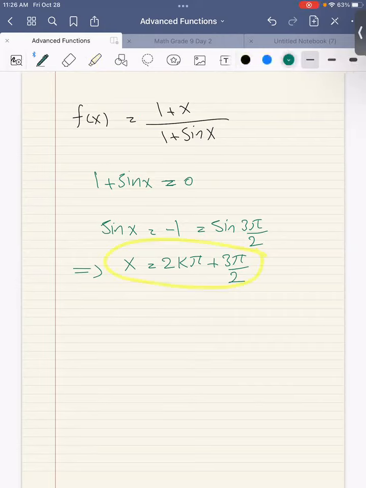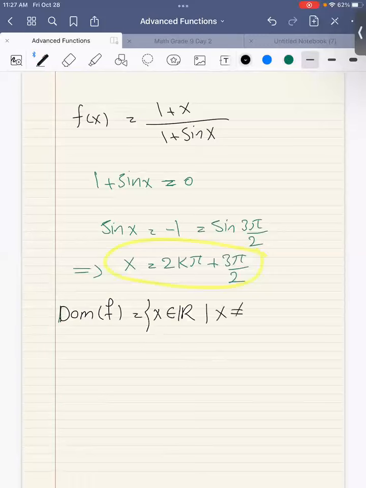So the domain would be everything but these guys. So the domain of f is the set of all real numbers, but these. Does it make sense? Is that clear for everyone?